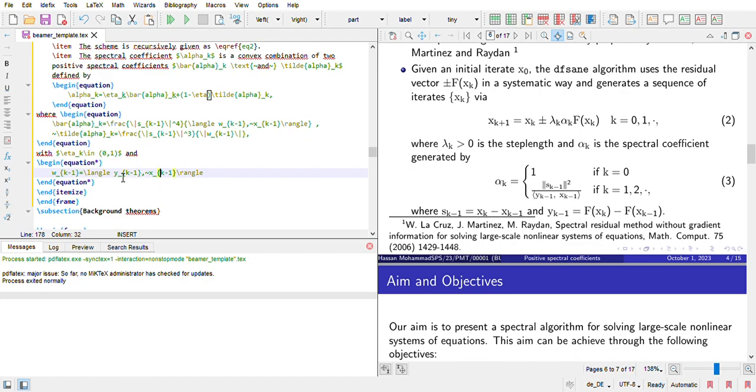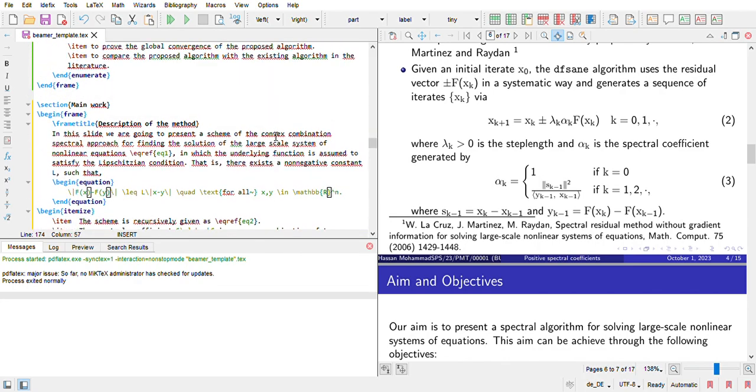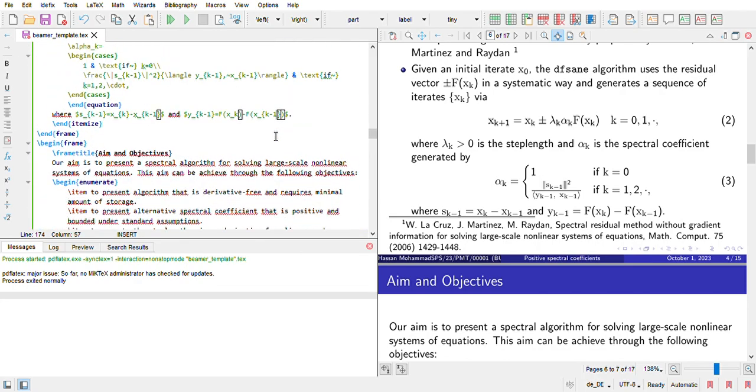No, here it is s_k, I put x. Sorry, let me correct it. It's s, not x. Even in the initial one, equation 2 is a typo, definitely. It's s, not x, in that inner product.